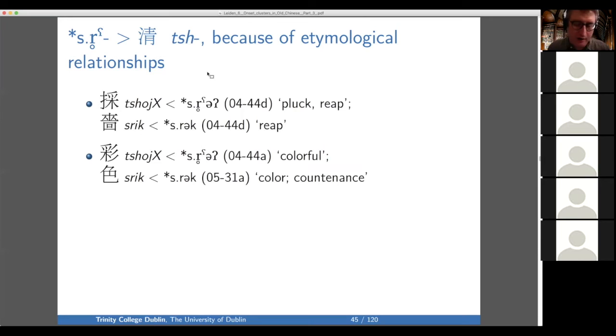Yeah, so the tsa origin, which they reconstruct as from sha, is type A, has a voiceless initial, and has a glottal stop. Whereas the sra initial readings are type B and have a final K.